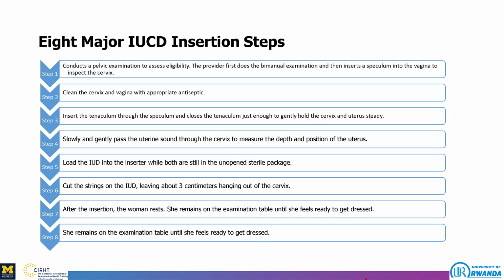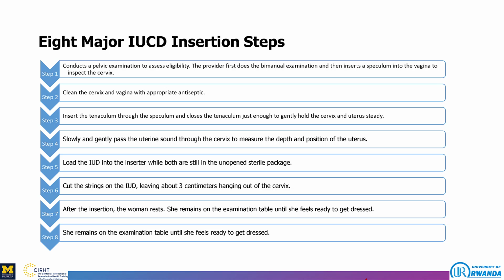Slowly and gently pass the uterine sound through the cervix to ensure the depth and position of the uterus. Then in step 5, load the intrauterine contraceptive device into the inserter while both are still in the unopened sterile package. Cut the strings of the IUD, leaving about 3 to 4 centimeters, like I said earlier, hanging out of the cervix.